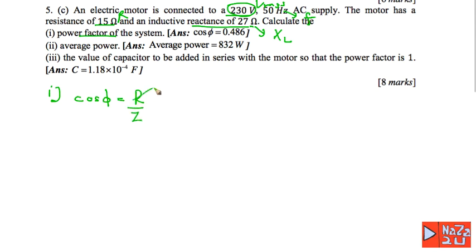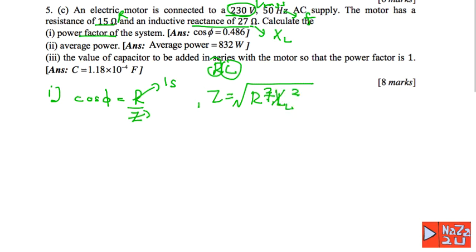Now the R is 15 ohm. For the Z, you can use the equation to calculate the impedance, the square root of R squared plus XL squared, because this is an RL circuit, meaning you have resistor R and inductor L. R is equal to 15 ohm and XL is equal to 27.